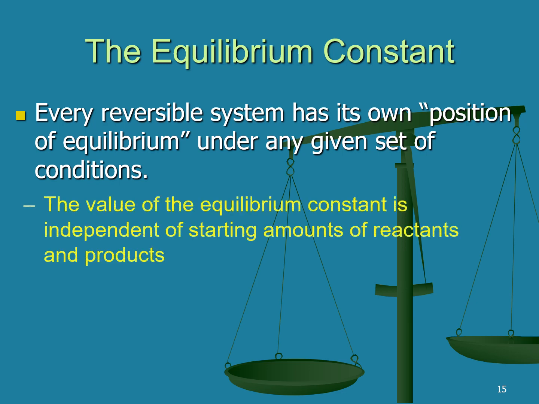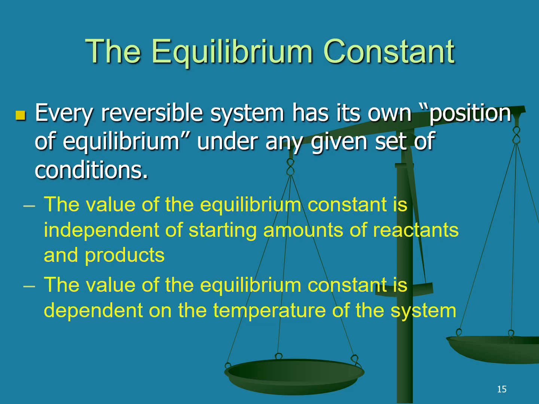And so that value of the equilibrium constant, the Kc, will be the same as long as the reaction is at equilibrium. Kc will be the constant no matter what we start with. It doesn't matter if we start like we did earlier with 1 mole of CO and 3 moles of H2, or any amount of reactants, or even if we start with products, we come to the same set point or the same equilibrium constant.